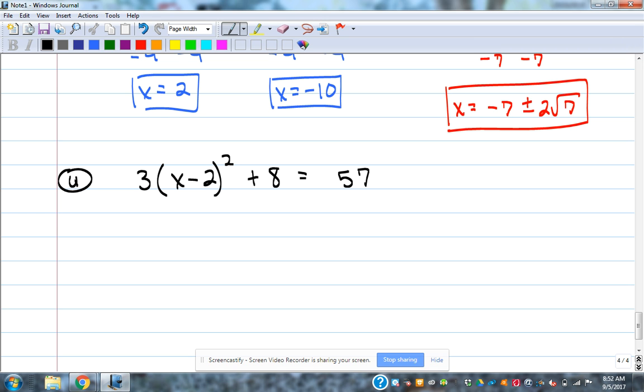What do we do first? Yeah, move the 8. It's 3 times x minus 2 squared equals what? 49. That's a good number.